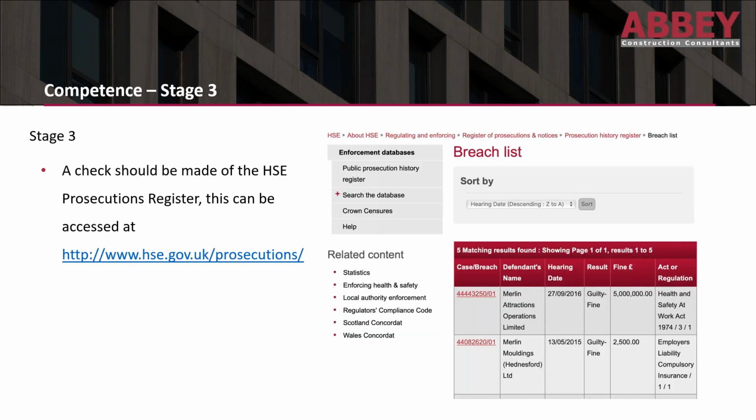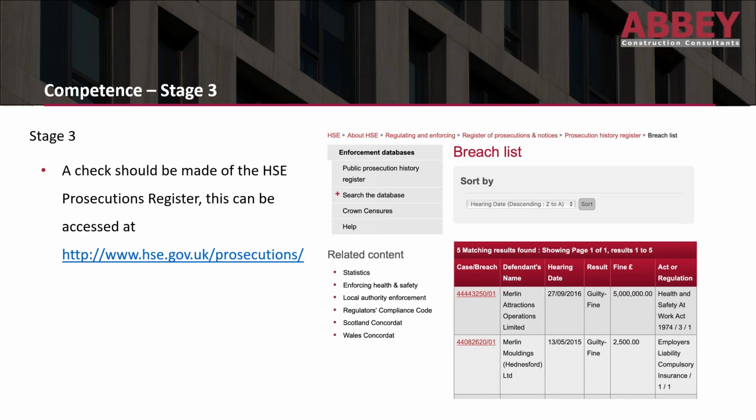And then stage 3 is to review the HSE's prosecution register, which is very quick, doesn't take long. I'll put the website on the slides for you. You click that, it will take you straight into the HSE's prosecution register. You can click onto this where you can sort by hearing date, the breach, the principal contractor or the contractor, and it will give you results of whether they've suffered previous prosecution.